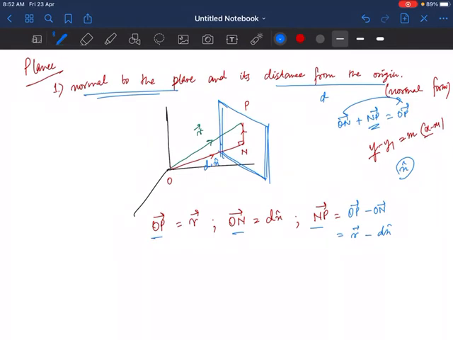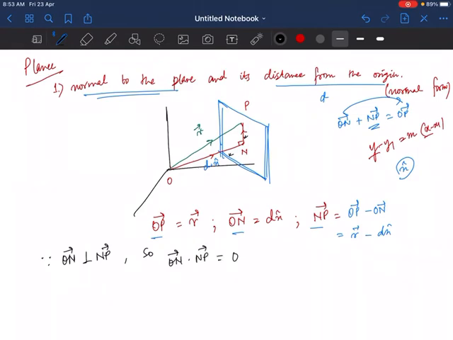To find the equation of the plane, we'll take two vectors which are perpendicular to each other. I see that NP vector and ON vector are perpendicular to each other. We know that when two vectors are perpendicular, their dot product is 0. So since ON vector is perpendicular to NP vector, ON dot NP is equal to 0.